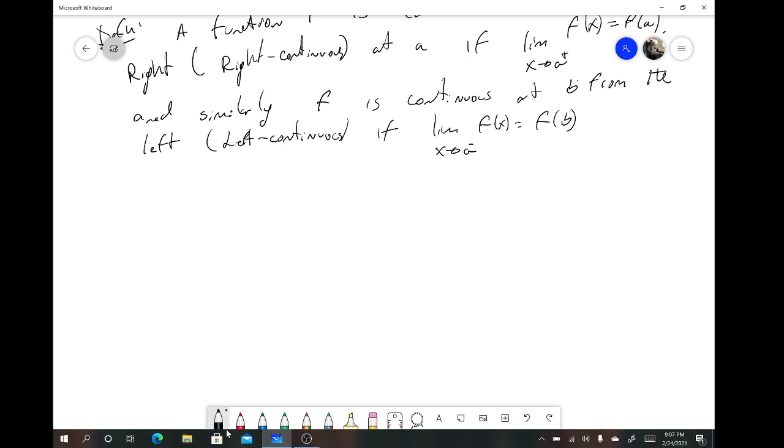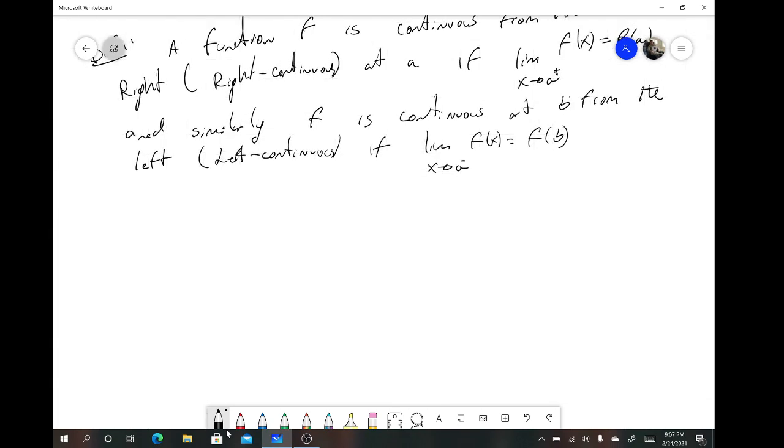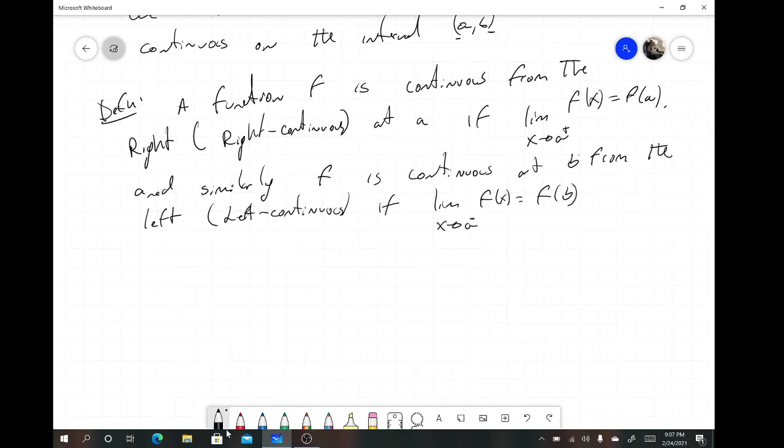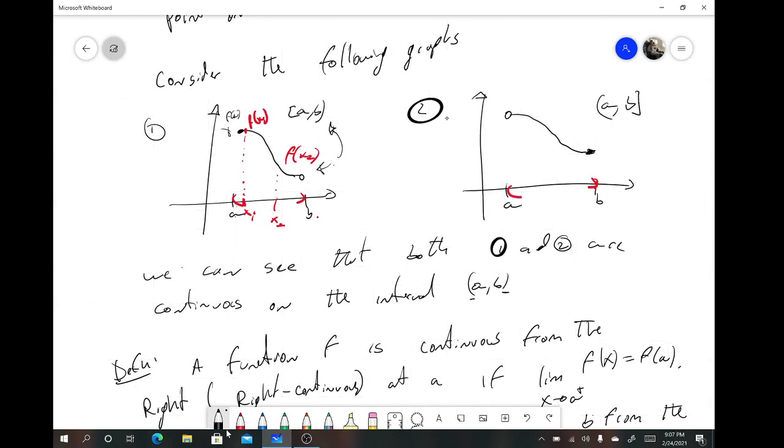Now, when you combine both of these definitions, both the left and right side, with the definition of continuity at a point, then we can actually say whether these functions 1 and 2 are actually continuous or not. We already said that these functions are continuous between the open interval a and b.